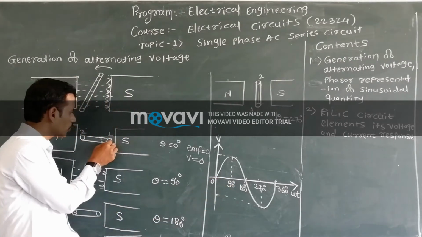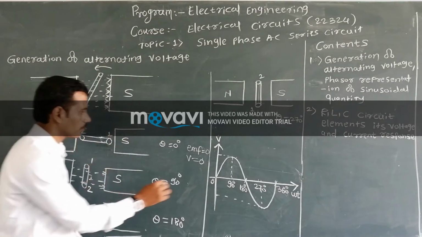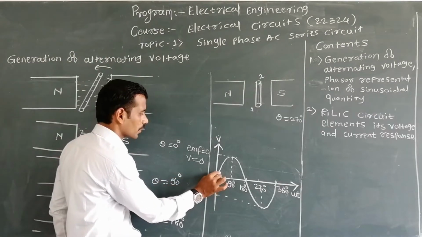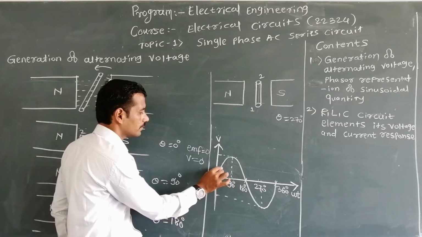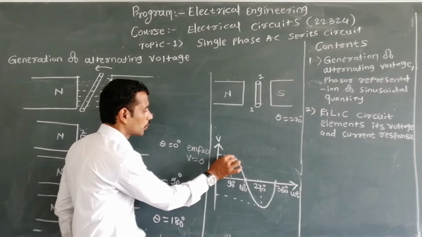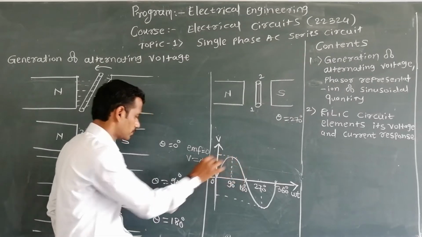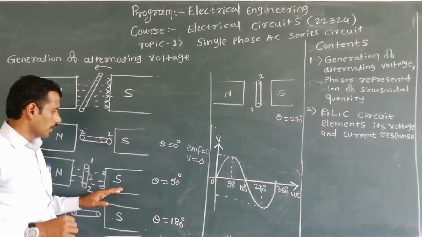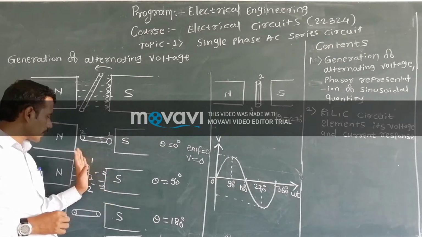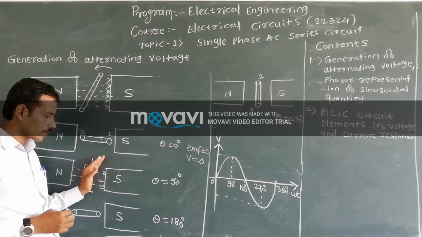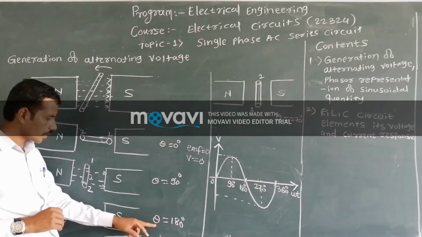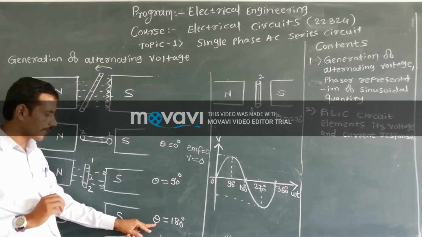Means from 0 position we are rotating the conductor, so gradually voltage will be increasing. At theta equal to 90 degree it will be maximum. Next, again we are rotating the conductor from 90 degree to 180 degree. So third position is 180 degree.